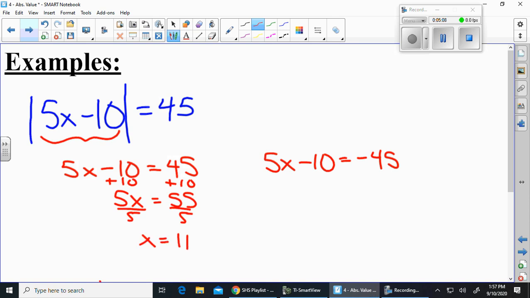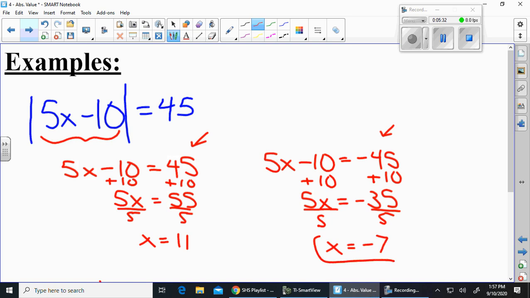X is 11. Now, the fact that you got 11 here does not mean you're going to get a negative 11. You get different numbers. The positive and the negative is here when we set it up. So now I have 5x equals negative 35. Divide by 5, negative 7. And again, you check.